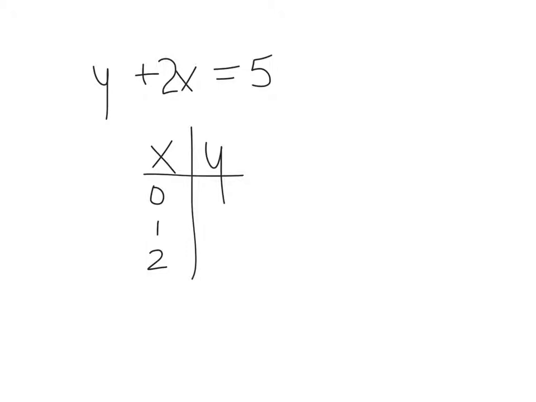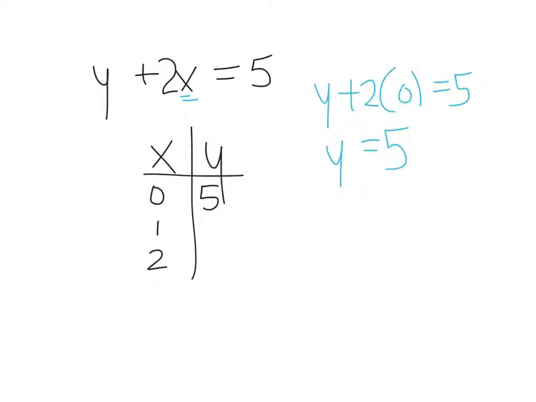Now I'm going to plug in 0 for that and see what happens. y plus 2 times 0 is just going to be 0. It's equal to 5. So when x is 0, y has to be equal to 5.